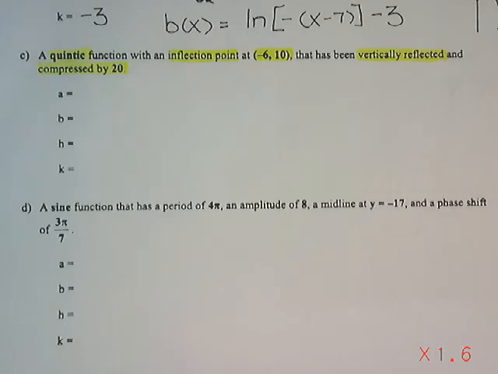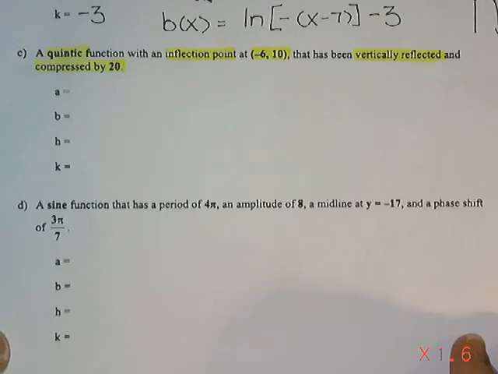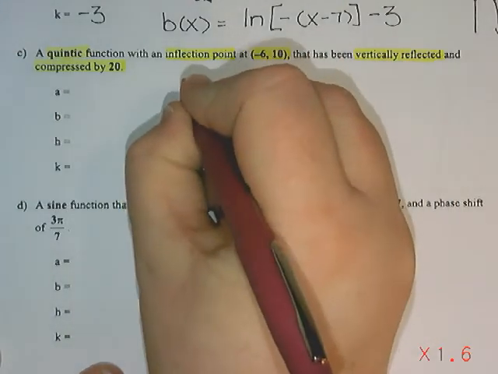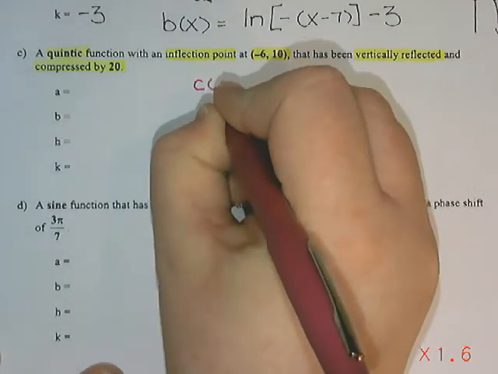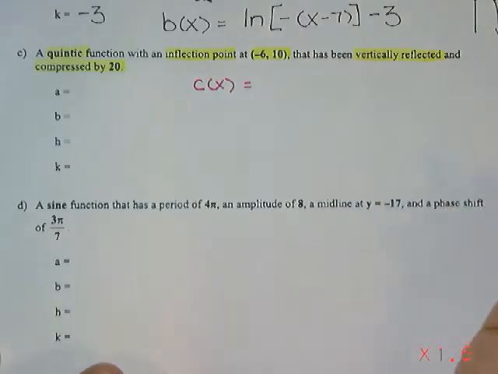So first of all, I need to try to figure out what the type of function is. So it does say it's a quintic. So quintic is something we would call a polynomial function that has a highest power of 5. So I'm guessing this is a power function. So my basic equation here would be c of x equals a times.